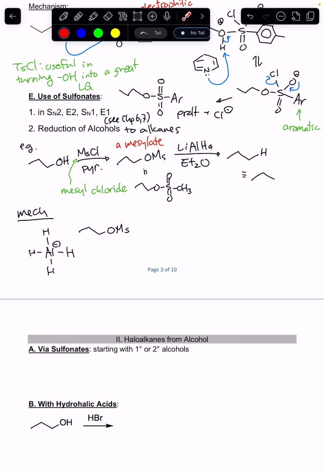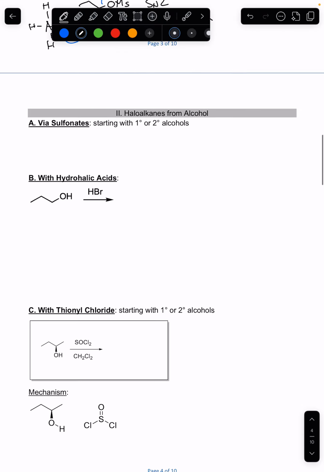Remember, this is an excellent leaving group, and this is a good source of hydride, not proton, hydride with a negative charge. With two electrons it can attack here in an SN2 fashion, and that's how that would happen.